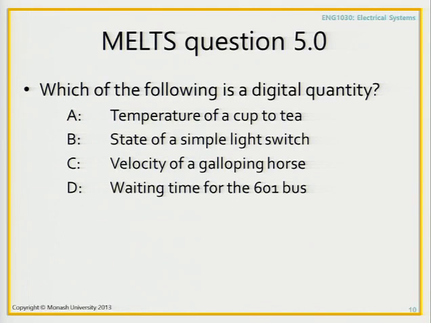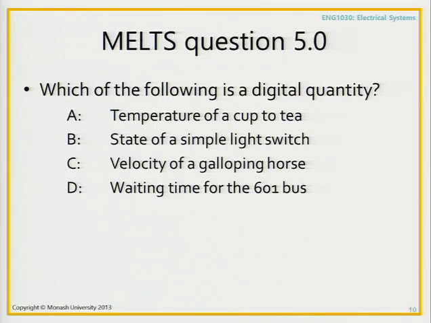So what range of values could temperature take in general? What range of values could the state of a light switch take? What range of values is the velocity of a horse? What range of values is the waiting time of the bus? If I asked you, is whether you are late or not late a digital quantity, what would you say?